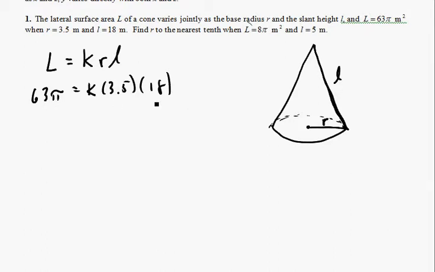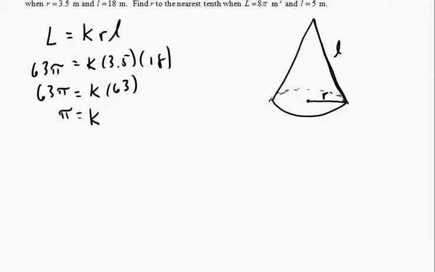The reason they need to tell us this information is we need to figure out what the constant of variation is. So to do this, I'm first going to multiply 3.5 times 18, which is 63. And if 63 pi equals k times 63, if you divide both sides by 63, then k equals pi.